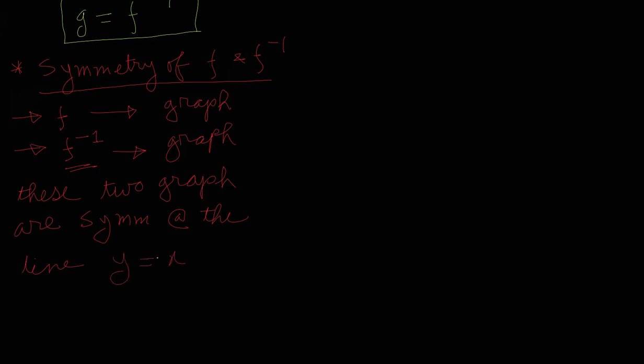Okay, so in conclusion, what can I say? I can say the graph of my function f and graph of my inverse function are symmetric about the line y equals x. All right, so let us see an example, or application of this principle.